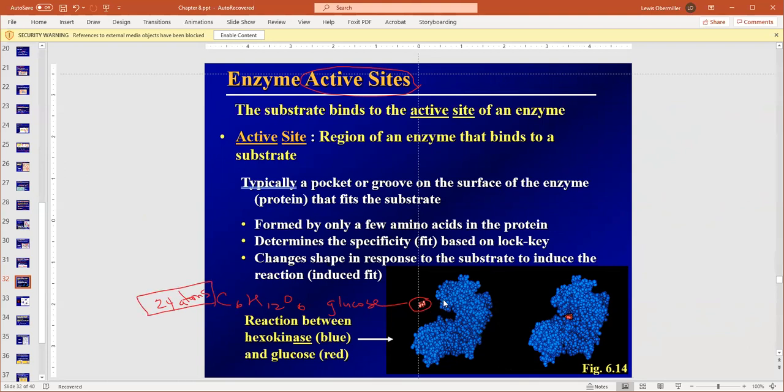It's shown here in red. This is the enzyme that reacts with glucose, and this molecule is called a hexokinase. We're going to see this again in chapter 9.